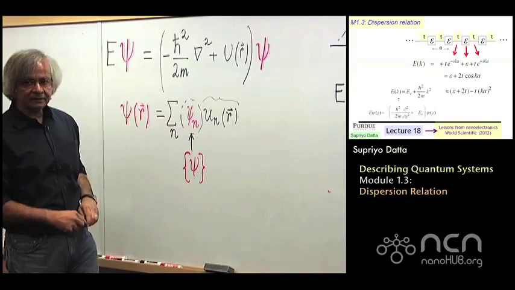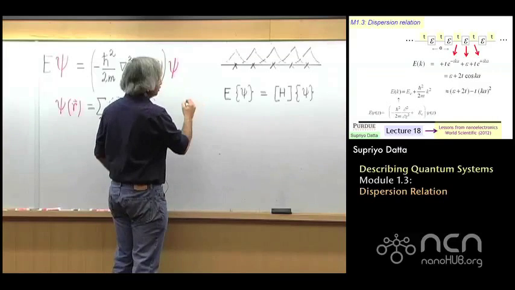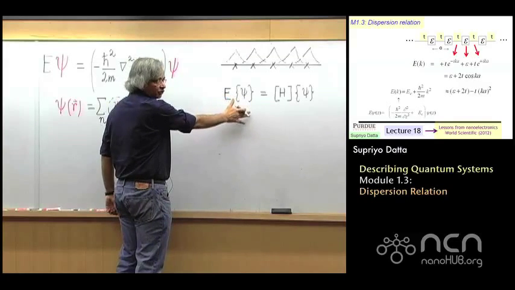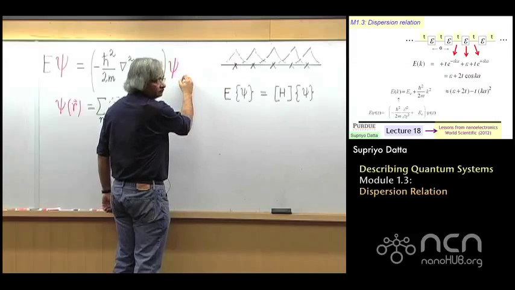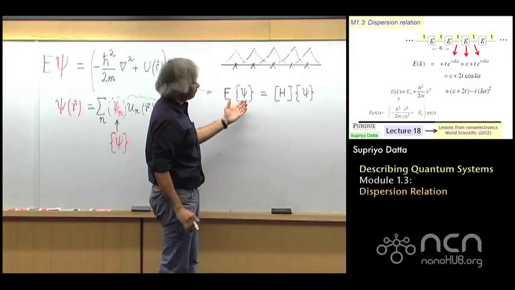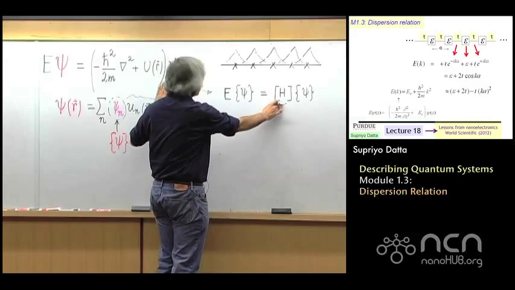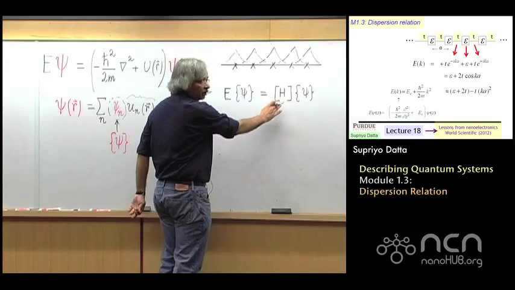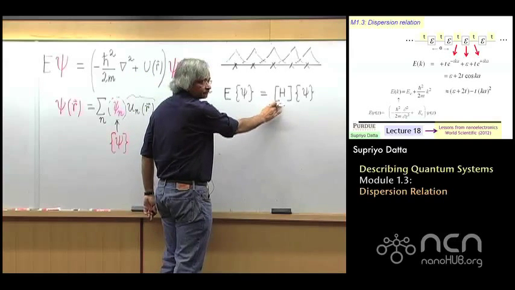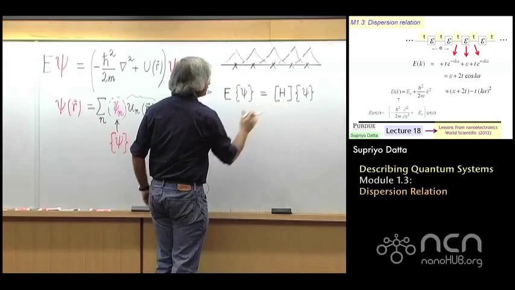And once you do that, then in principle, this differential equation can be turned into a matrix equation that I've shown here. H, what was the differential operator, is now a matrix. You see, it's now a matrix, the differential operator.